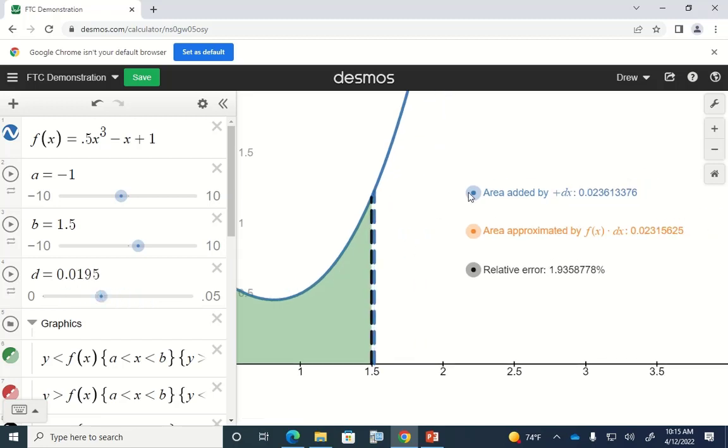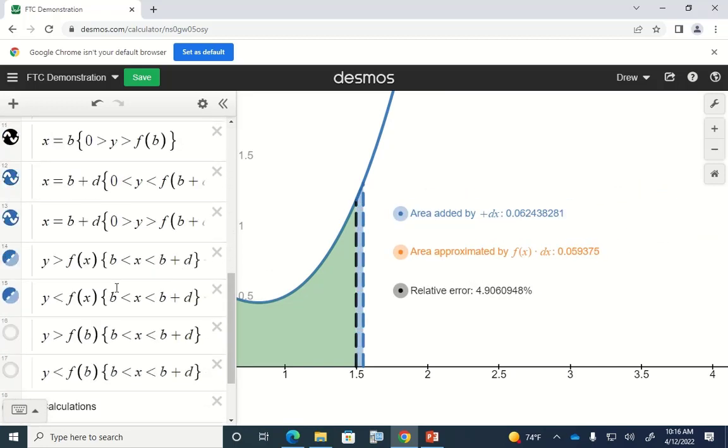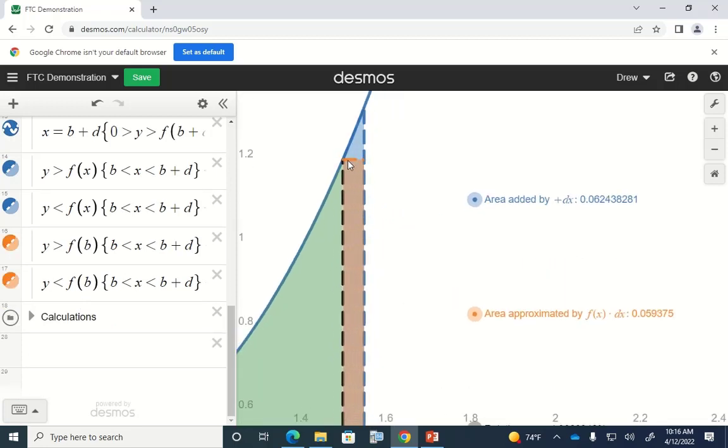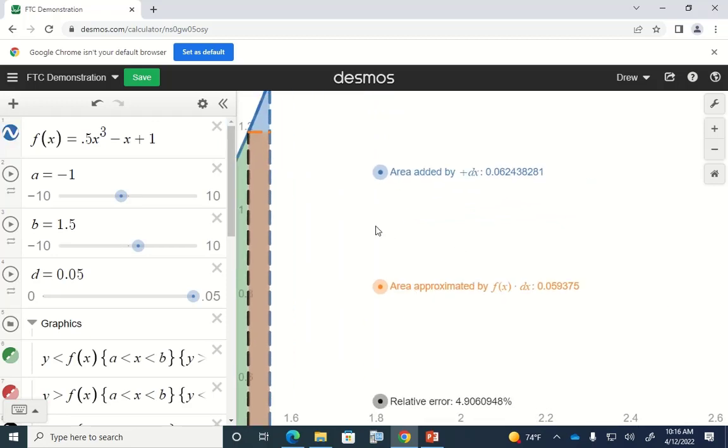So I even have a calculator. It says area added by dx, and it's some small amount. And it can also tell me, if I choose to approximate that area using this orange rectangle with height f of x and width dx, the approximate area.